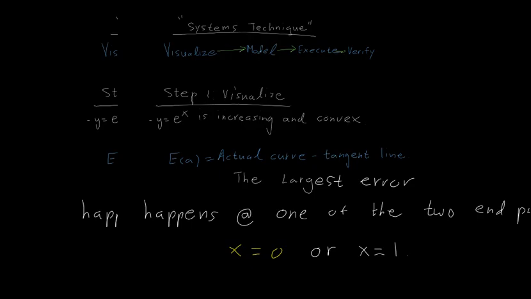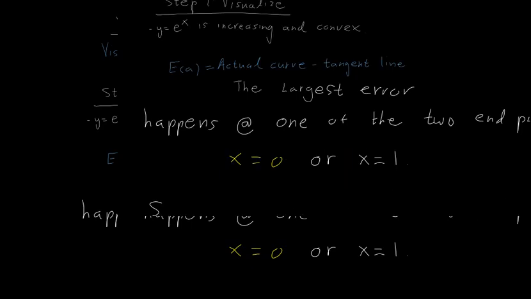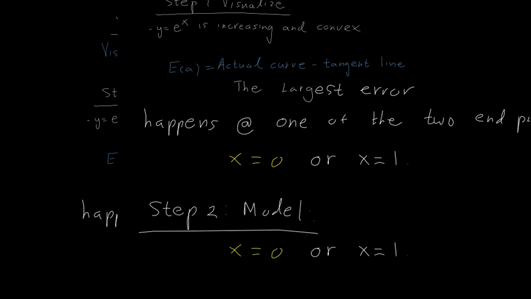In step 2, we want to actually model the problem. We're going to try to take the minimization as the worst case error.